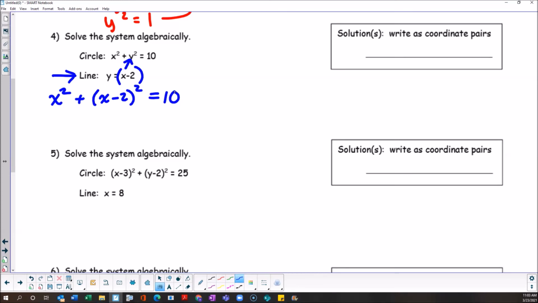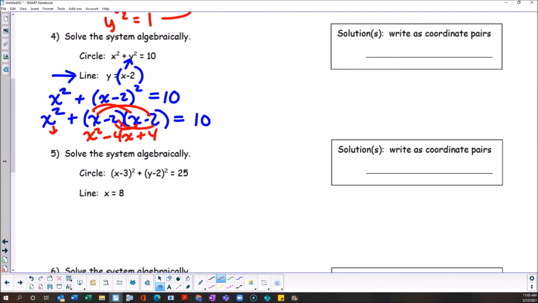Everybody's kind of going, oh. Okay, so I have to write it out. And then I'm going to distribute. So I'm going to get x squared minus 4x plus 4. And then don't forget about this guy. Equals 10.